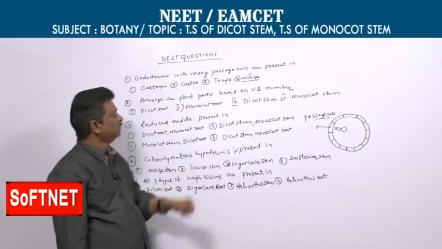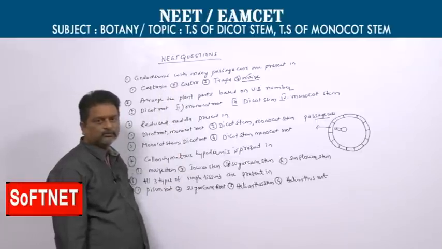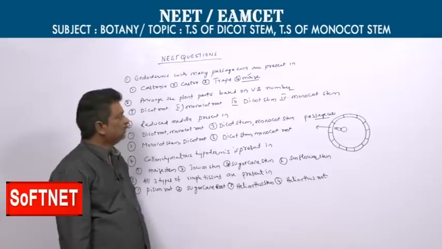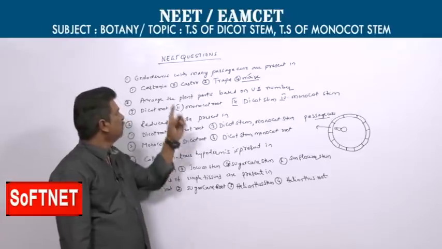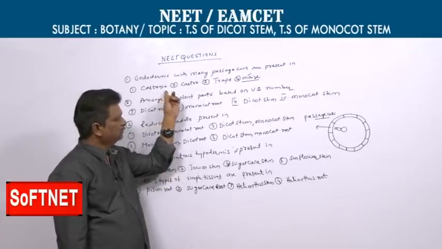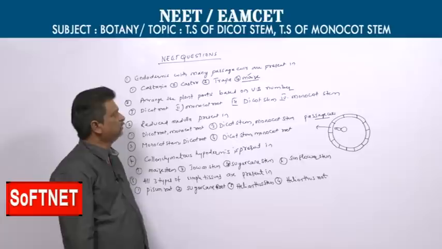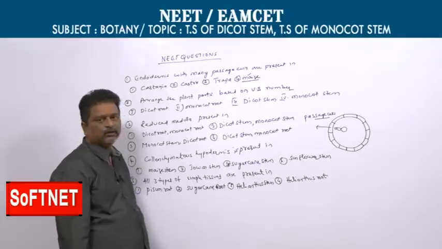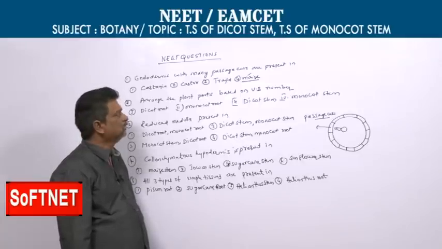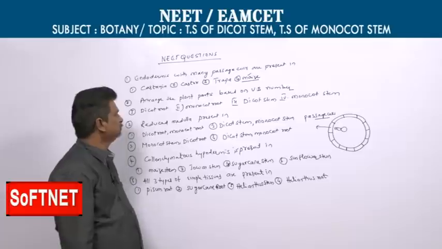Castanea, 8 vascular bundles, octarch, so 8 passage cells. Then monocot root, polyarch, numerous vascular bundles. So, the answer is maize. Many passage cells are present in maize.